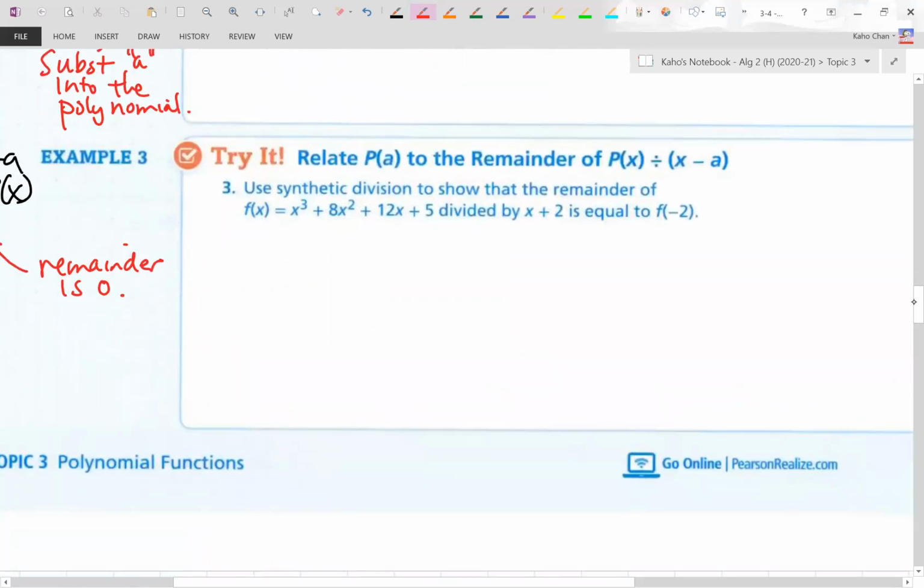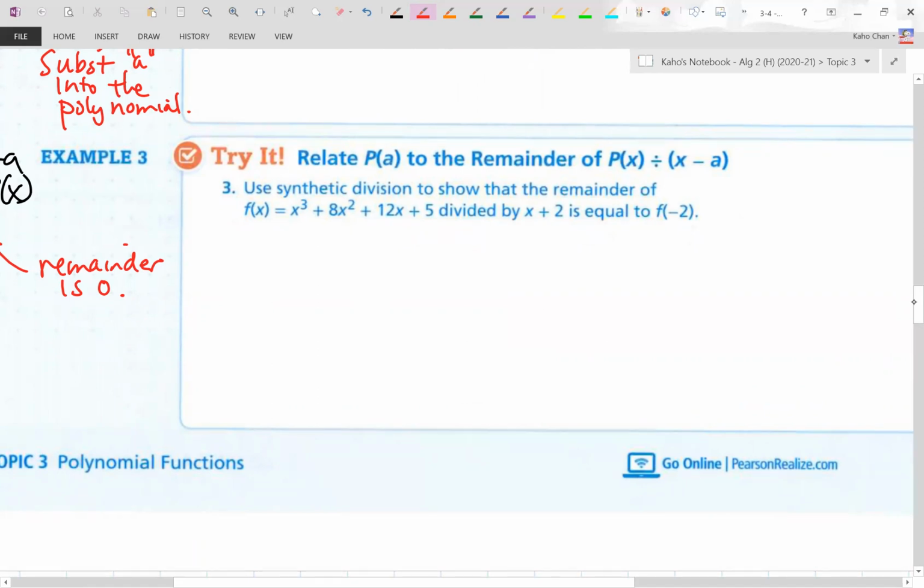All right, let's try number 3 here. Relate the function throwing in the root value a to the remainder of p of x divided by x minus a. Use synthetic division to show that the remainder of that function divided by x plus 2 is equal to the function at -2. Very cool. Okay.